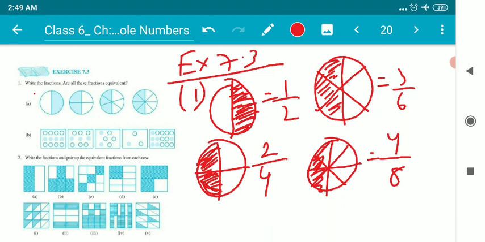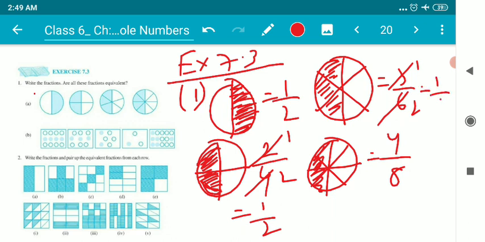Now the question is, children, whether they are equivalent or not. Let us check it out. Let us cancel 2 and 4. 2 ones are 2, 2 twos are 4. It's 1 by 2. Next one is 3 and 6, 3 twos are 6, 1. It is 1 by 2 only. Next one is, if I cancel 4 and 8, 4 twos are 8.